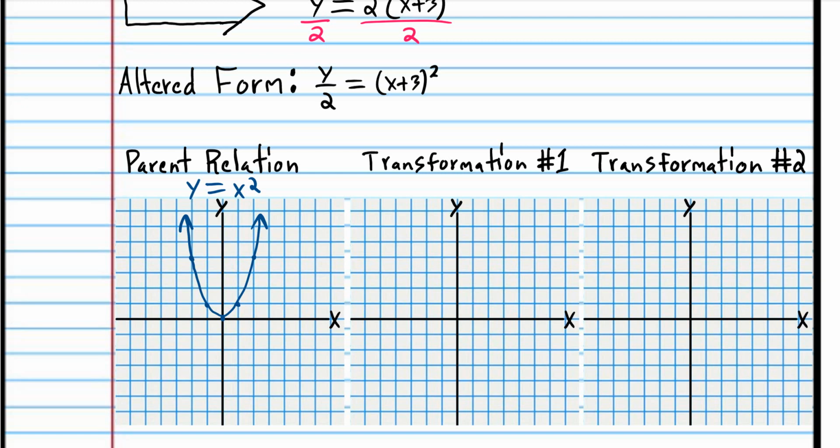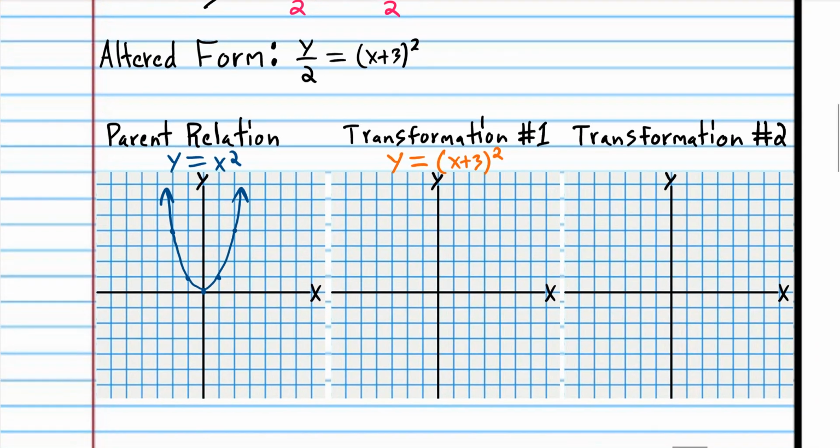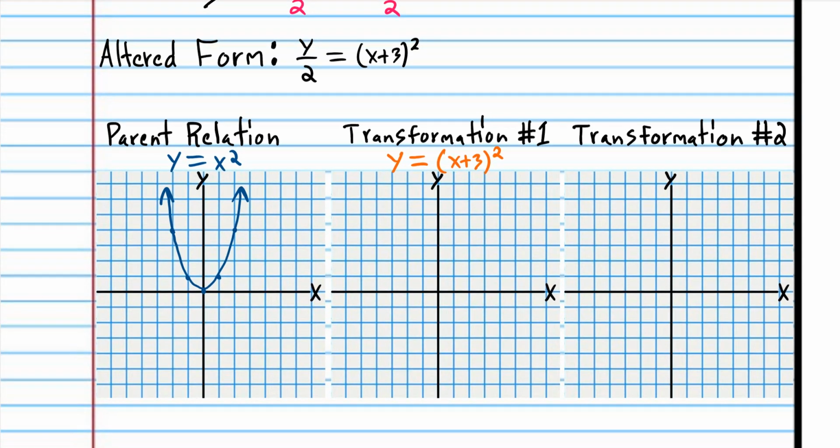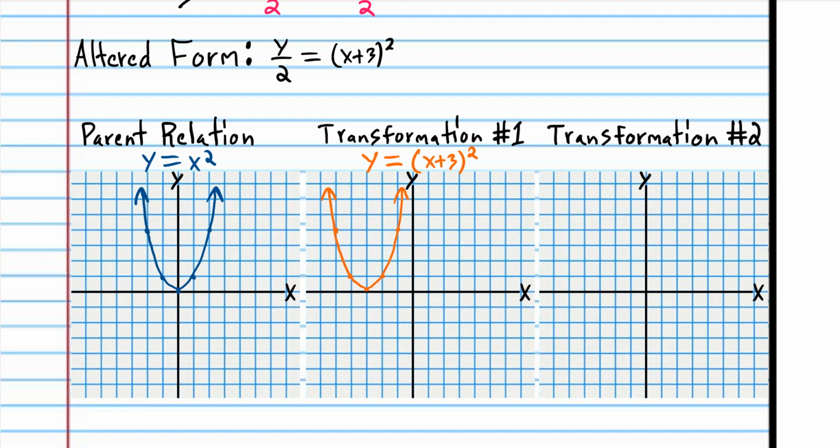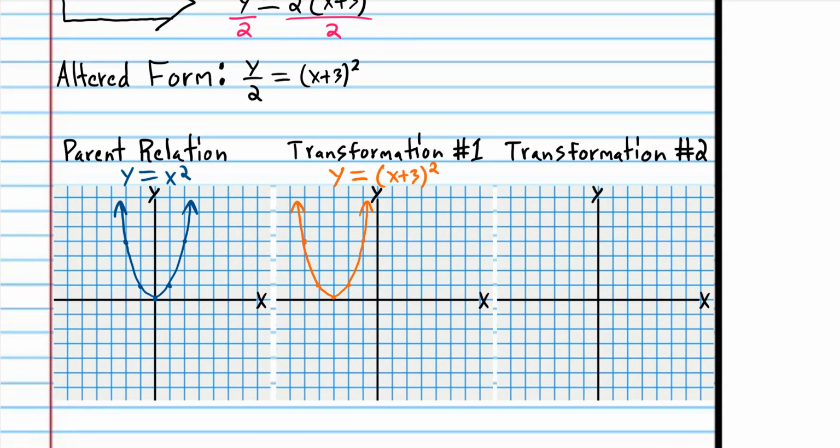I think I'm going to translate first. So I'm going to replace x with x plus 3. And what that does is it moves the graph 3 units to the left. So all points are moved 3 units to the left, and there we go. Okay, then I'm going to dilate.